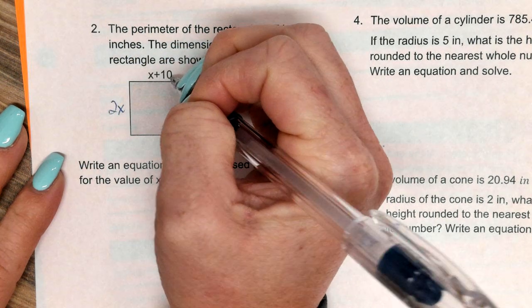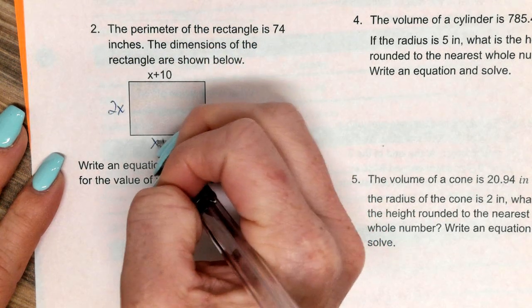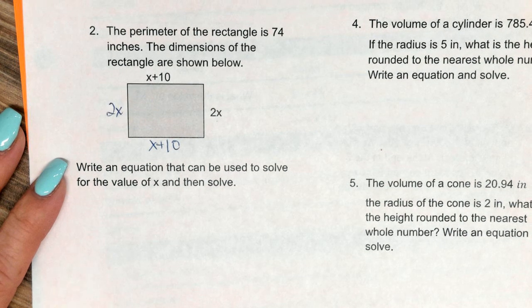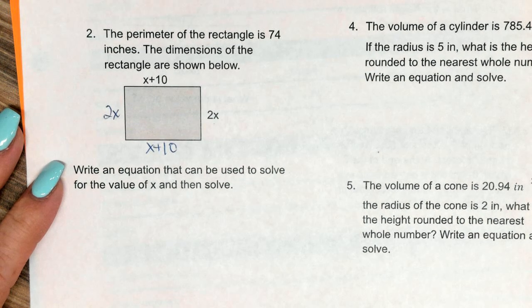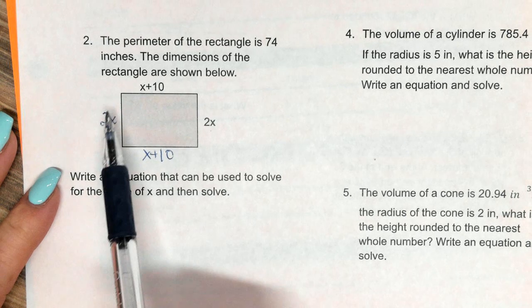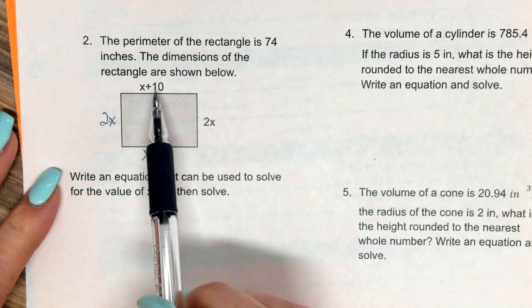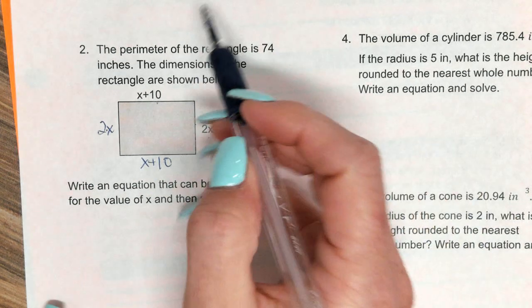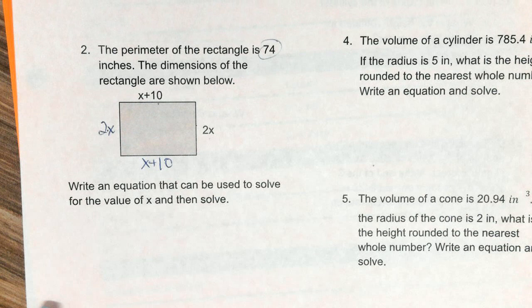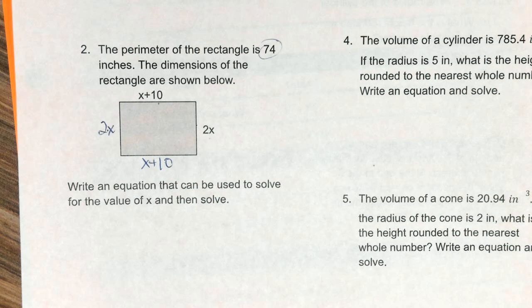If this is x plus 10, what's this? Okay, so if I want to find the perimeter of a rectangle, I have to add all 4 sides. So it would be this plus this plus this plus this has to equal the perimeter. Did they give you the perimeter? 74. So I would set up my equation.